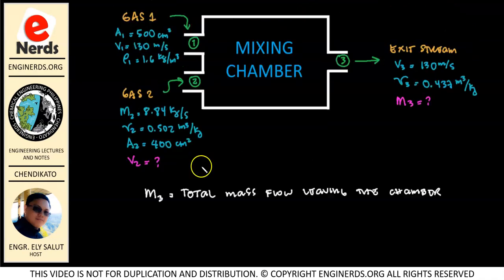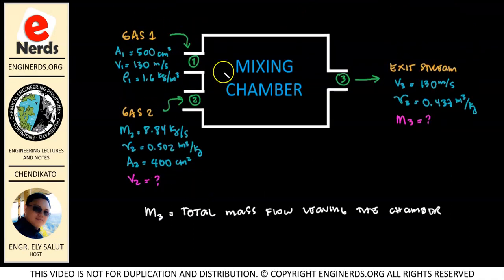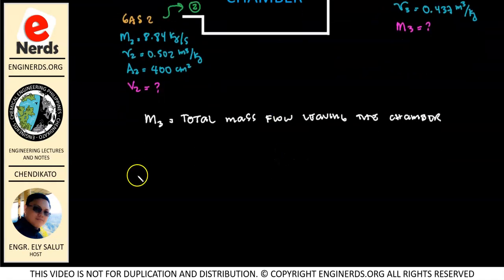So that means the total mass of the gas entering our stream 1 and the total mass of the gas entering our stream 2 will be equal to the mass leaving dito sa ating exit stream. So therefore, the mass of our gas in stream 1 plus the mass of our gas in stream 2 will be equal to the mass of our gas in stream 3.